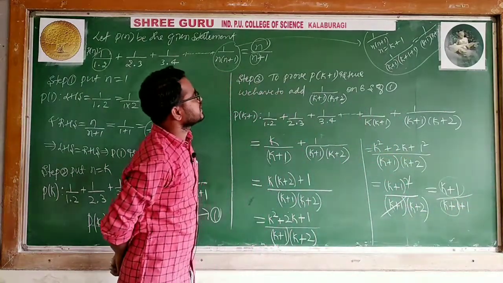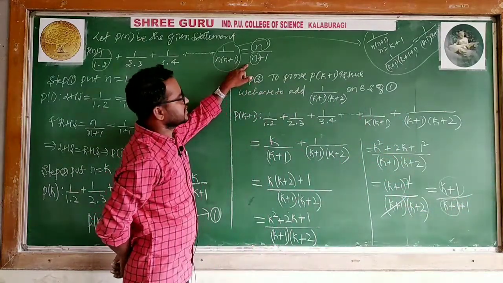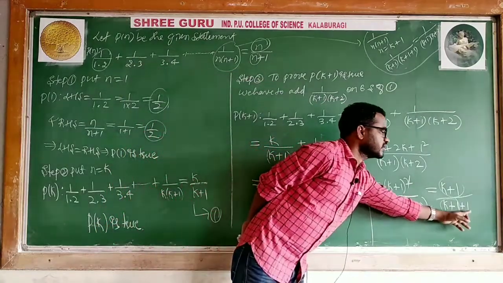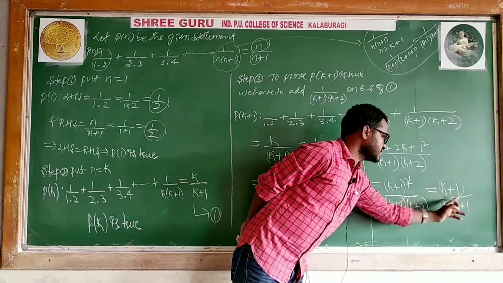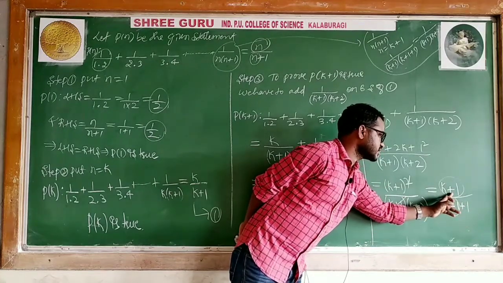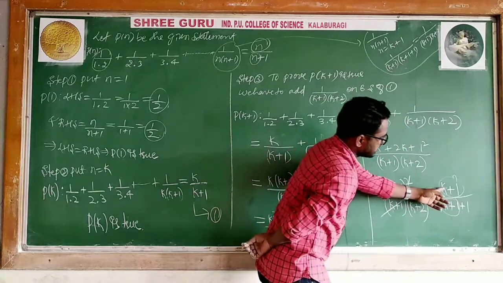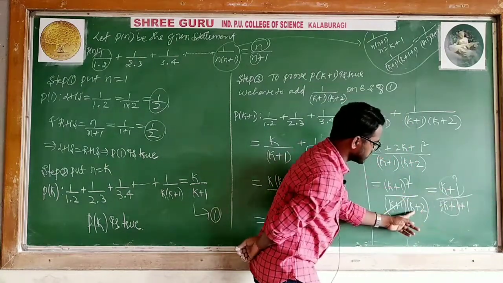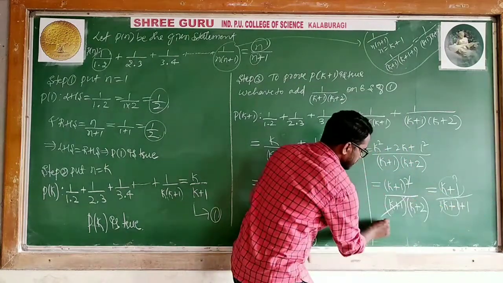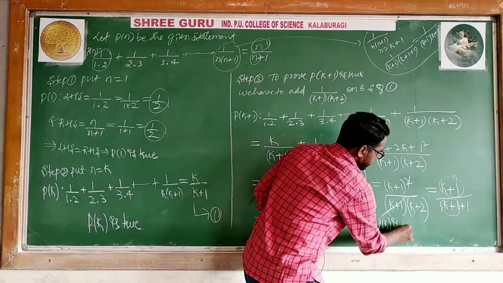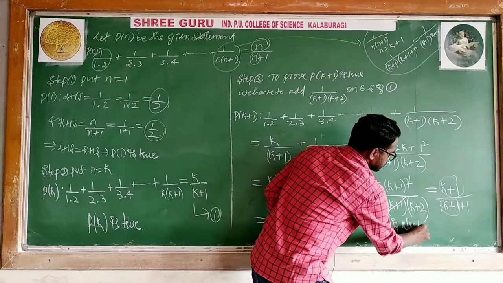Is it exactly in the given form? n is k plus 1, n is k plus 1 plus 1. For our convenience I am taking this circle, this is like n, so k plus 1 divided by k plus 1 plus 1, because plus 2 can be written as 1 plus 1. Therefore, I can say P of k plus 1 is also true.